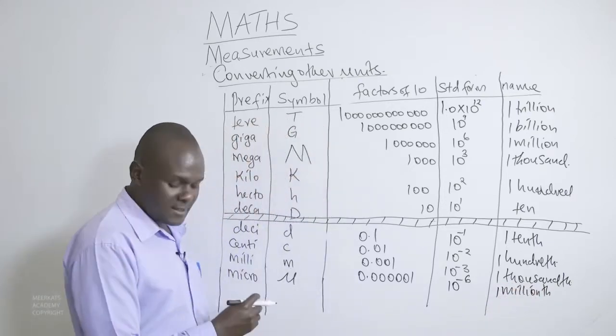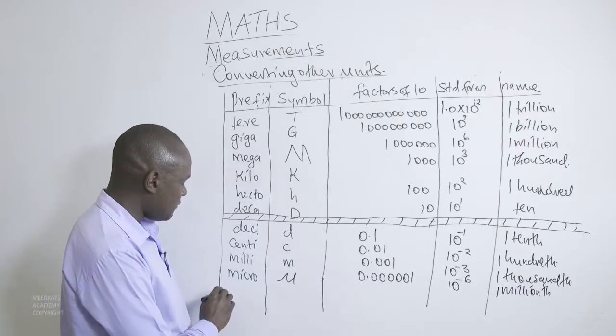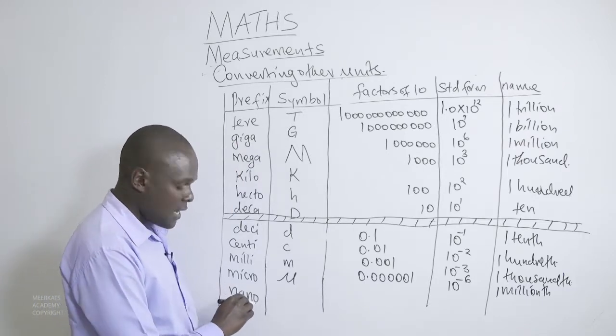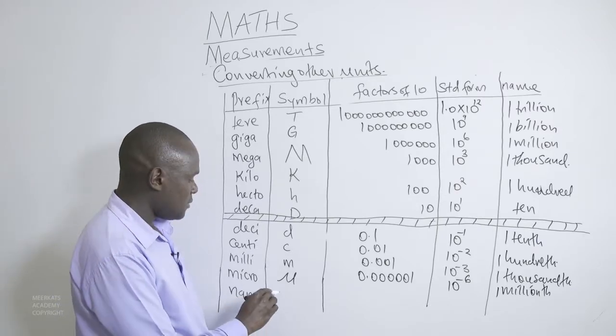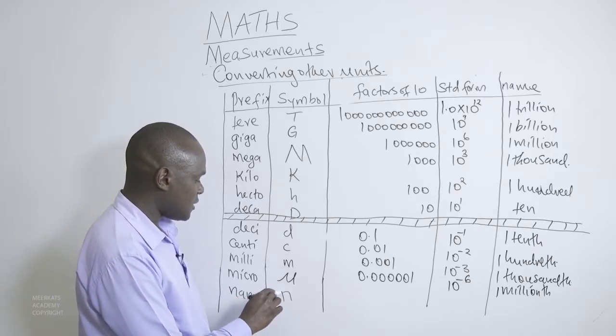And lastly, on the list, we have nano. Nano is denoted by this symbol here. This one denotes nano.